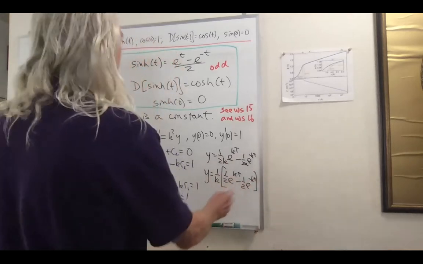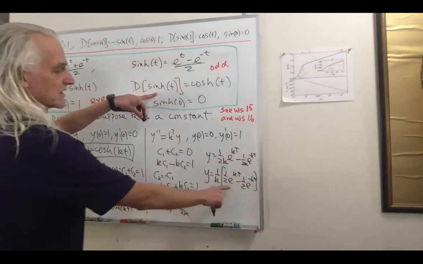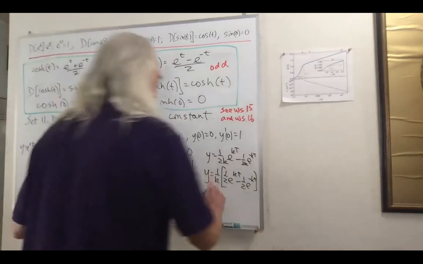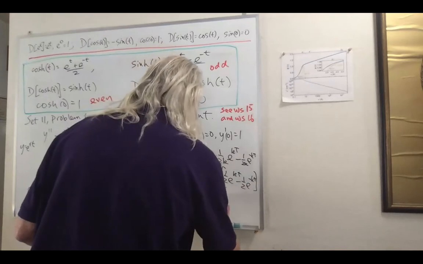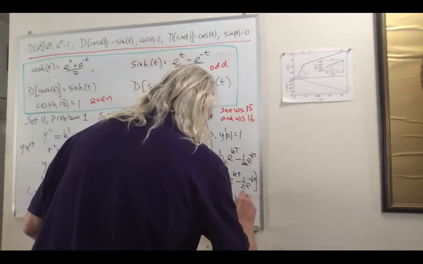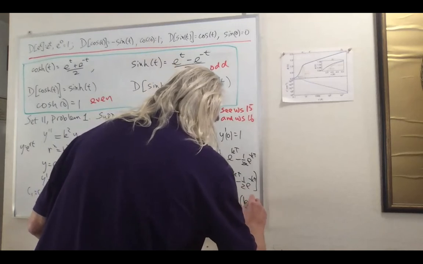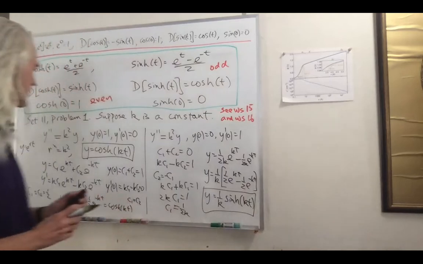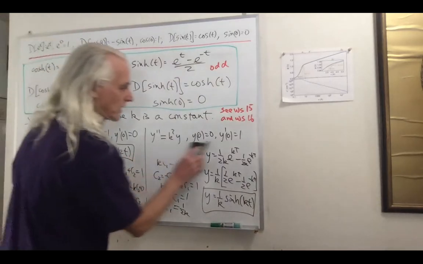Cool. Oh, look at that. That is just sinh of kt inside the square brackets. So y is 1 over k sinh of kt. Cool. So actually, let's just write those.